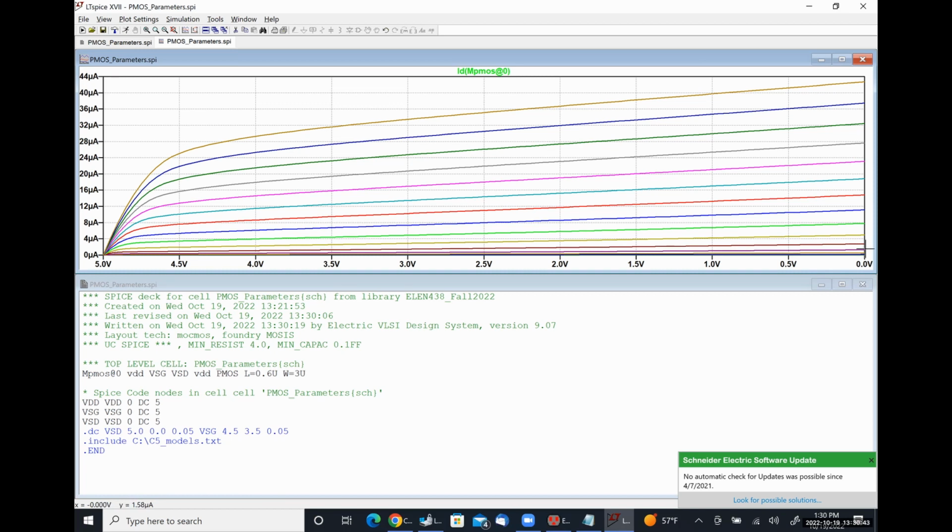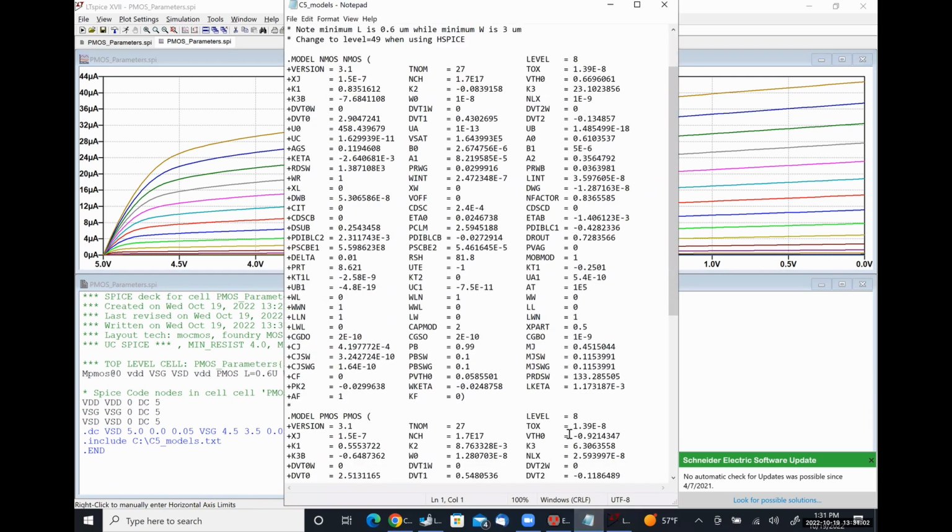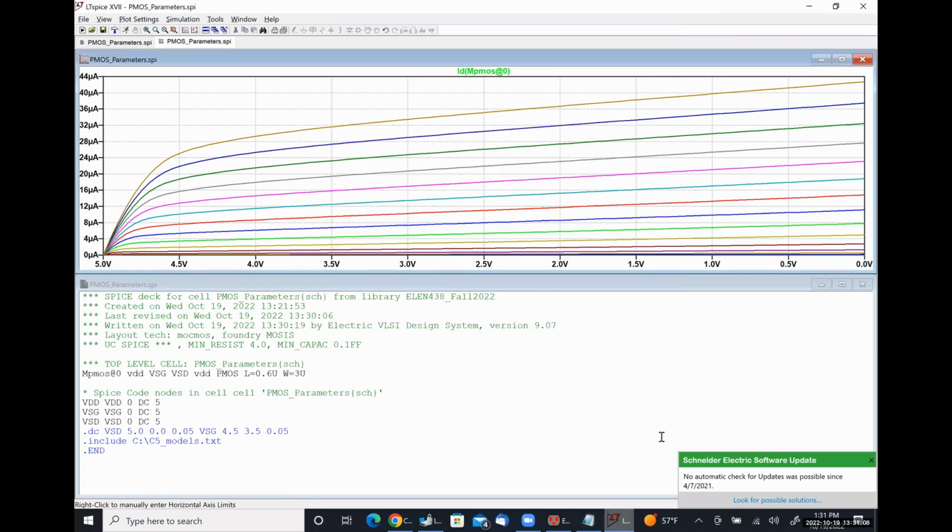To me, it's somewhere in the ballpark of 0.95 volts, which pretty closely agrees with what our C5 model says, because I think that said it was around 0.9 volts, if I remember correctly. I think I have it open so I can look. 0.92-ish. So it seems like a reasonable approximation: 0.95 volts for VTHP.